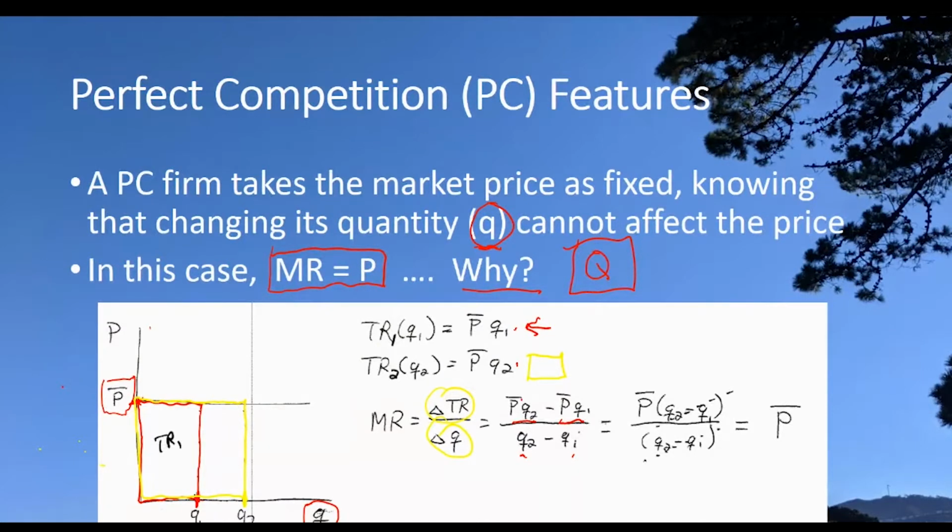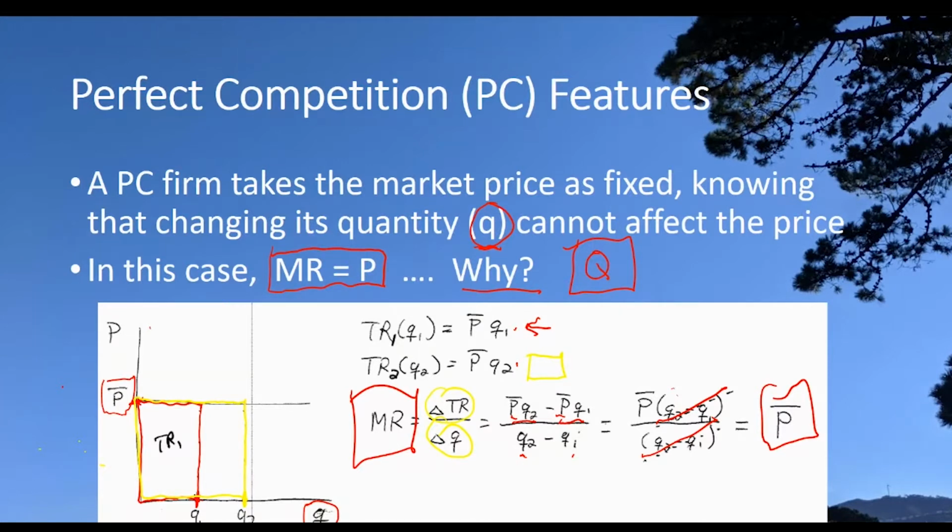Since it's the same price being multiplied by the two quantities, we can factor out the price P bar and write this as P bar times (Q2 minus Q1), and then we're dividing by the change in quantity, which is Q2 minus Q1. These cancel out, and we're left with marginal revenue equal to the price P bar.